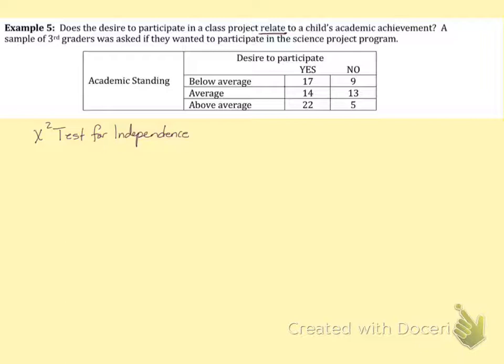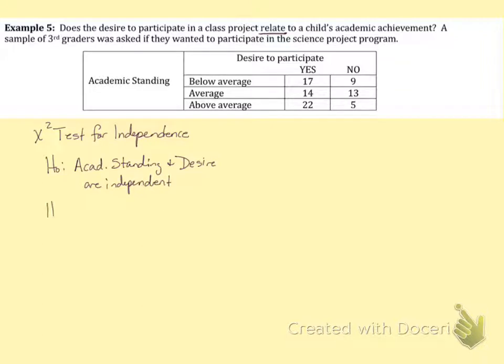So our hypotheses for a chi-squared test of independence are always the same. The null hypothesis is that they are independent. So we'll say academic standing and desire to participate are independent.